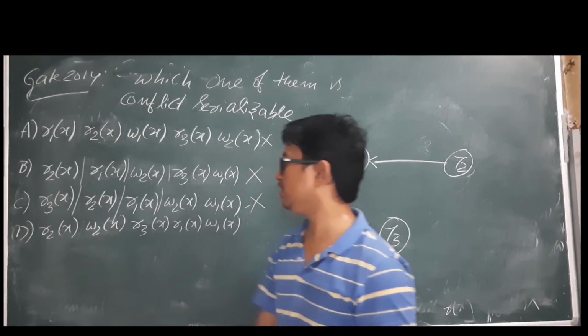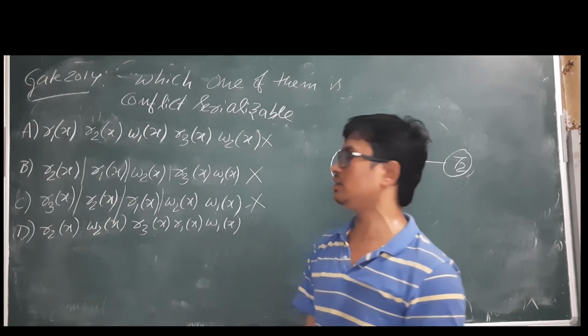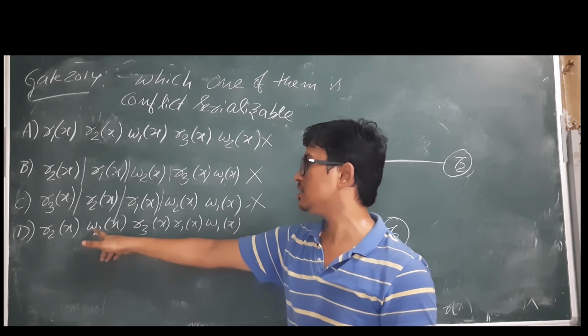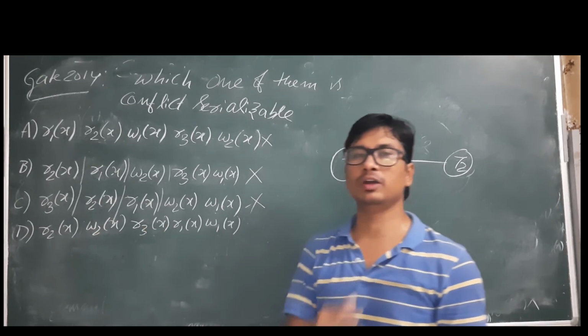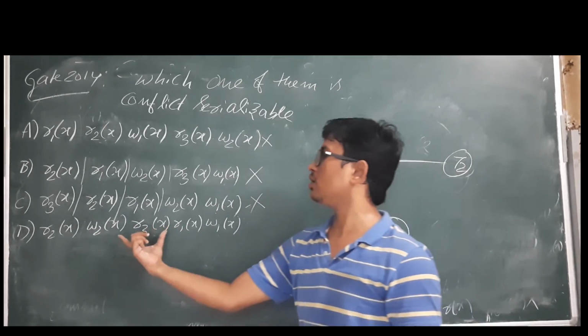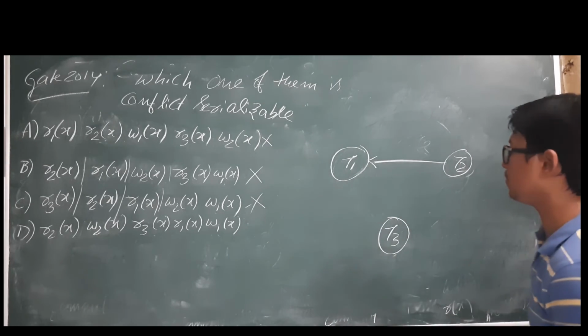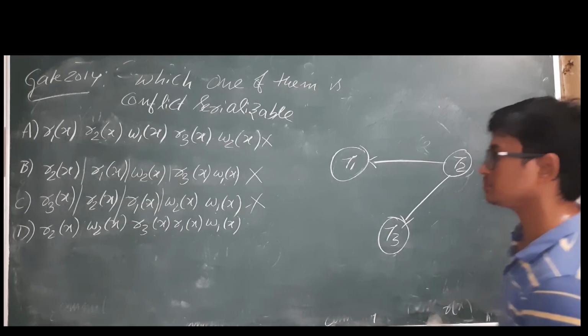Okay, so we have finished the read of X. Now we will come to W2 of X and R3 of X. Is it a conflict? Yes, because it is a write operation and this is a read operation, both performed in different transactions but on the same data item. So it is a conflict operation from transaction 2 to transaction 3.